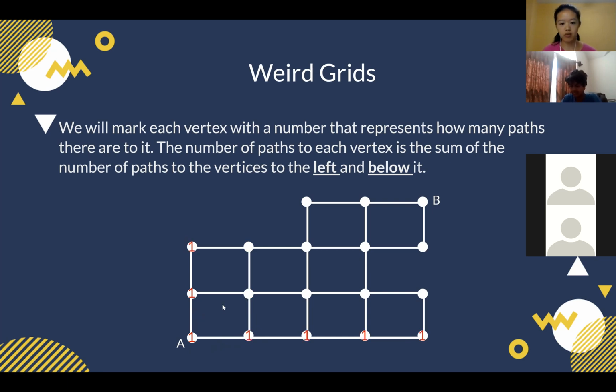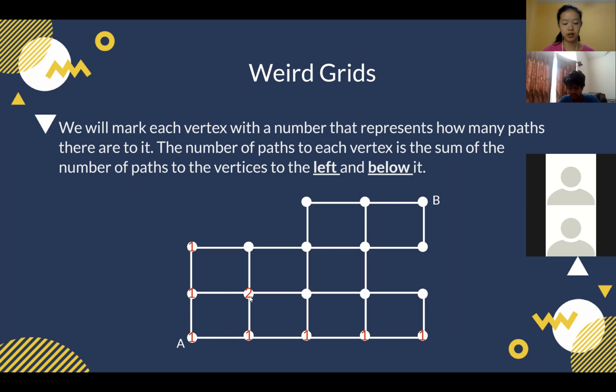What you do next is pretty cool. If we take this vertex right here, we have to give it a number. To get that number, we add the values of the vertex to the left and the vertex below, because we're moving up and to the right, and these numbers represent how many paths there are to each vertex.